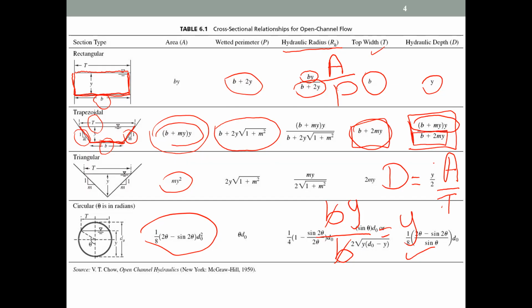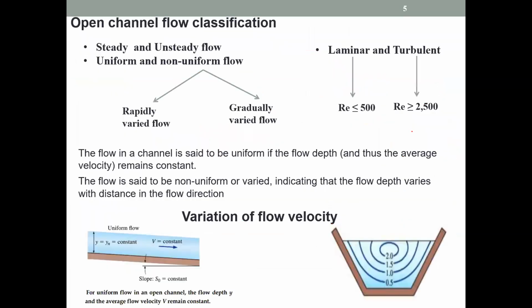These are the definitions that we are going to use when we talk about the governing equations, like the Manning equation and then the energy equation. So we are going to need them. I hope it is clear. Do you have any questions? No questions. Okay, let's move on then.